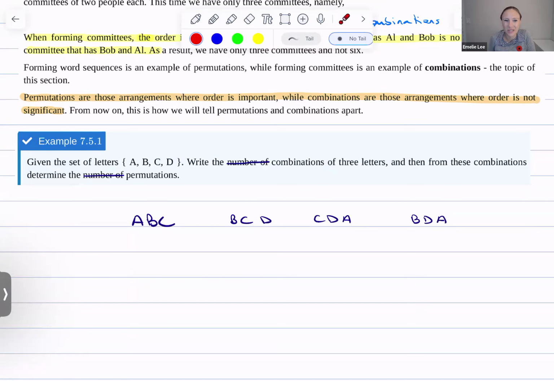So if order doesn't matter, then if we're making 3-letter combinations, I could go A, B, C, that's my first one. I could go B, C, D, that's my second one. I could go C, D, A, which is my third one, or the last one would be B, D, A. And just make sure that you've caught all combinations of 3. These are the combinations.